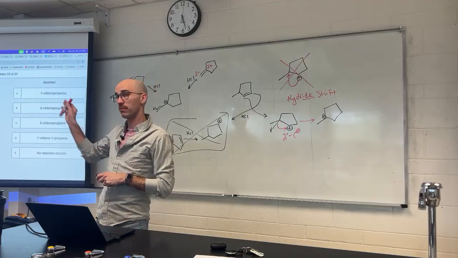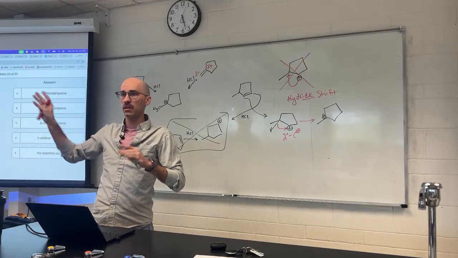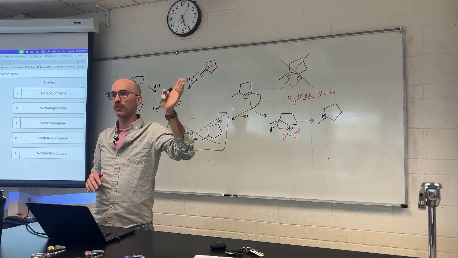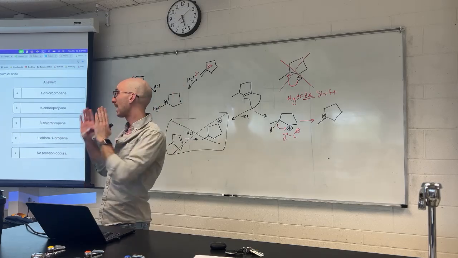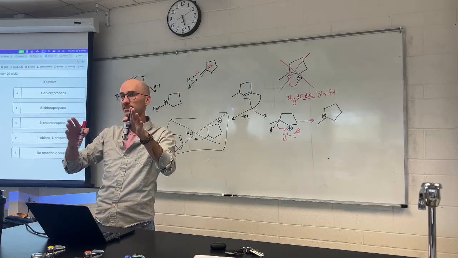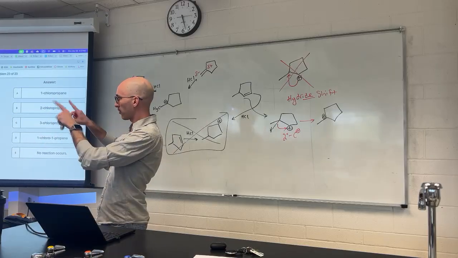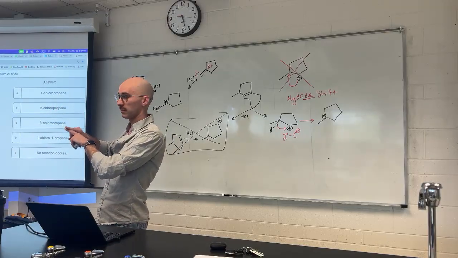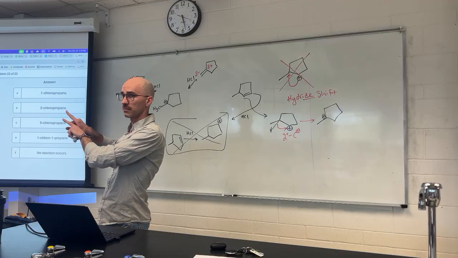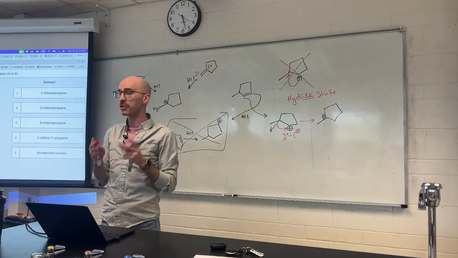Okay, so HX addition, which follows Markovnikov's rule. So I'm going to add H and I'm going to add Cl. I'm going to add H and Cl across those 2 carbons of propene. You see why it's called propene? Where should H add?